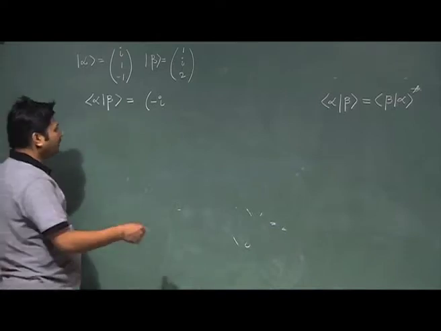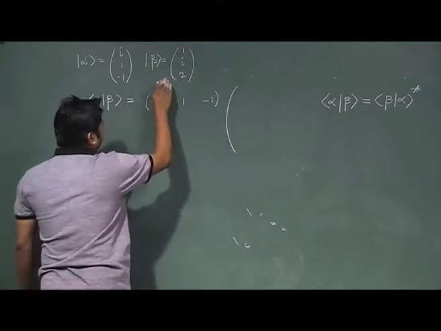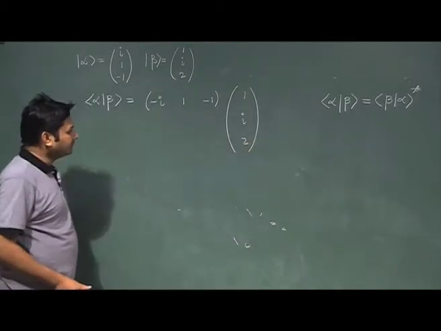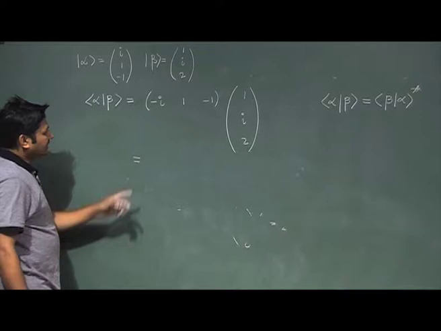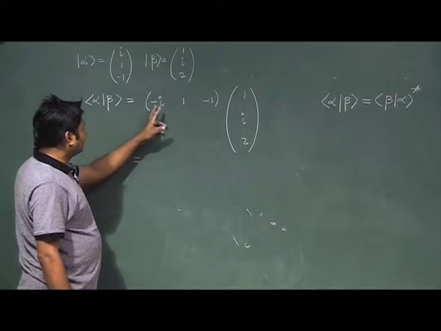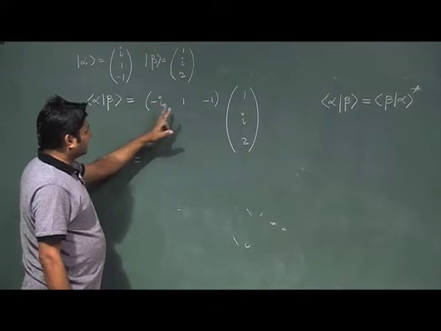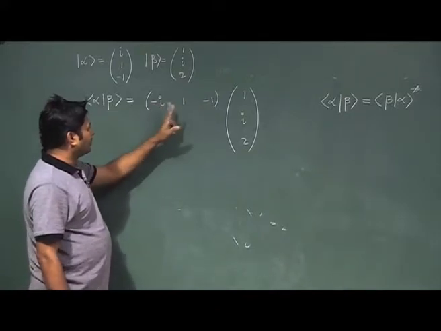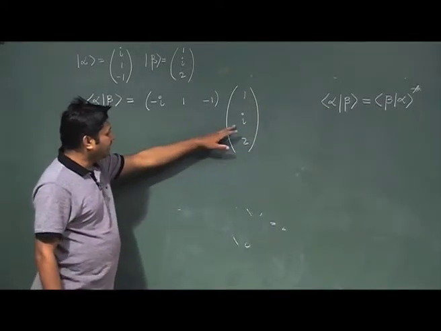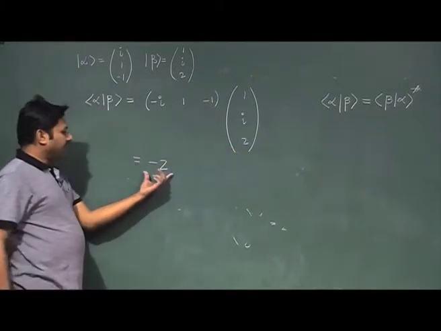So, it will be minus i, 1, minus 1. Beta will remain unchanged because I am not doing anything over beta. Now, I am taking the example in such a way that this becomes something real actually. So, go with that, then I will change that. I multiply 1 by minus i, and then there is a plus i which is absorbing the thing. So, now I will have minus 2, a real thing.